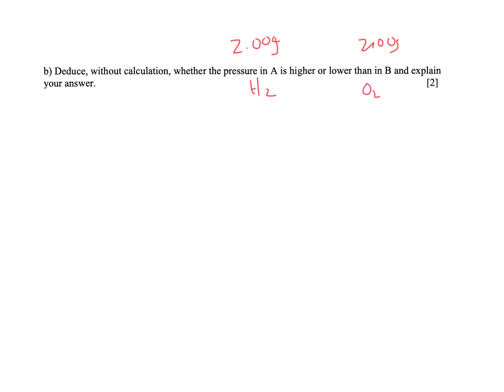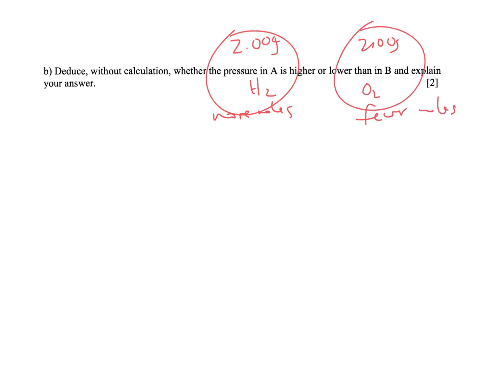So we don't want to do the calculation, but you can think in your mind, how many moles are here? Moles is going to be mass divided by molar mass. So A has way more moles, and B is going to have way fewer moles, and that's what impacts pressure. So A will have a higher pressure.